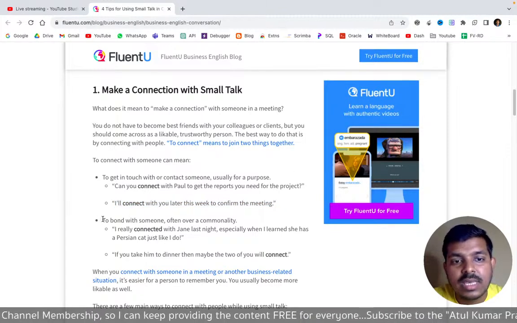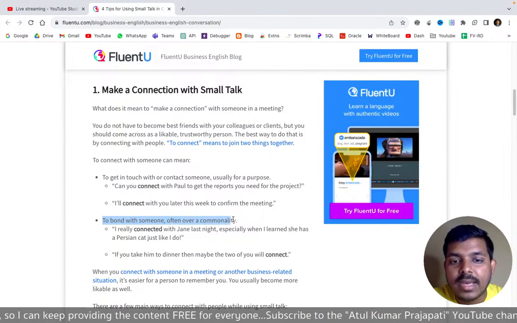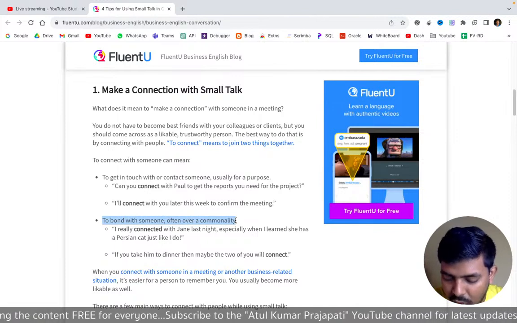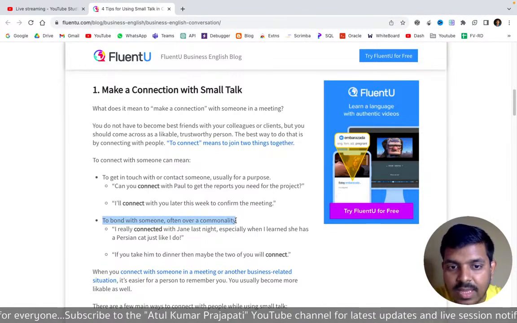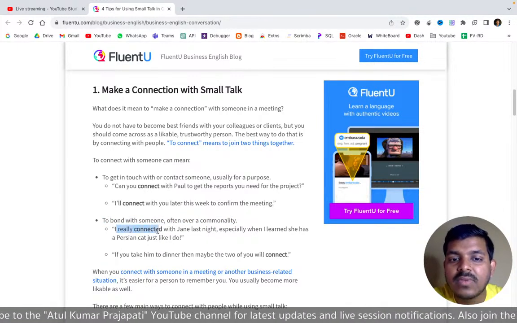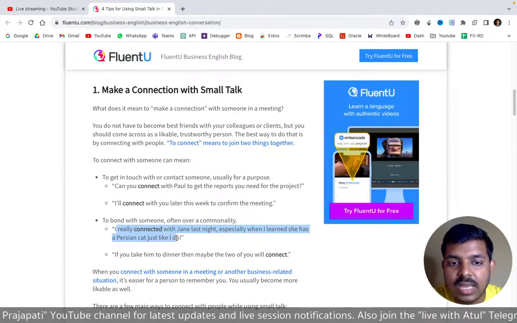Now the second is to bond with someone, often over a commonality. It means that there is a common ground for two different people to come together and form a bond. For example, here you can see: I really connected with Jane last night, especially when I learned she has a Persian cat just like I do.